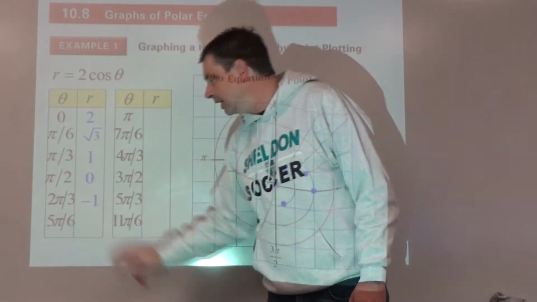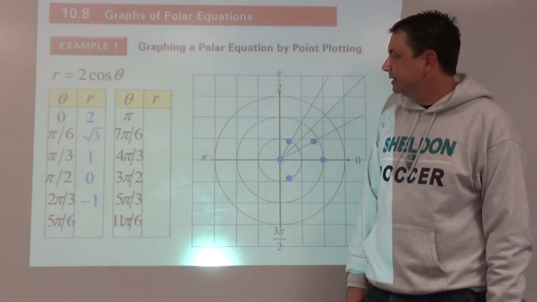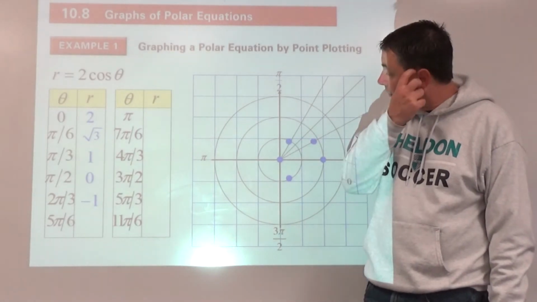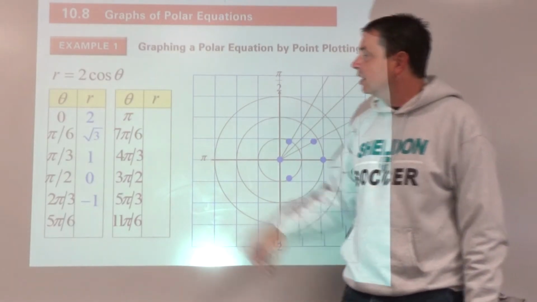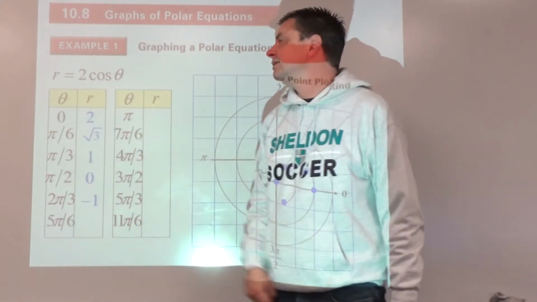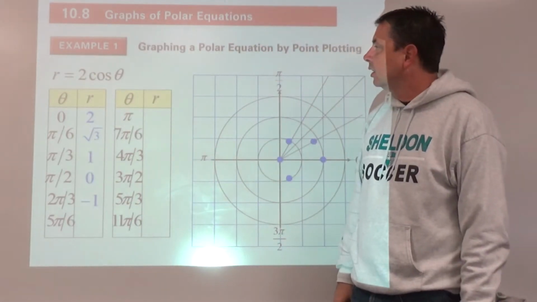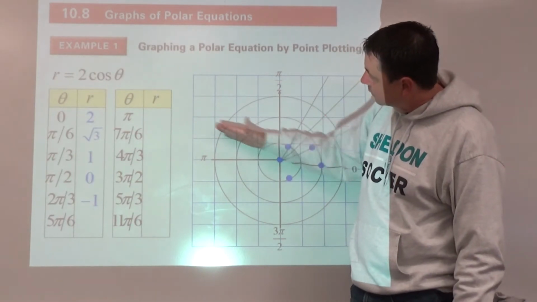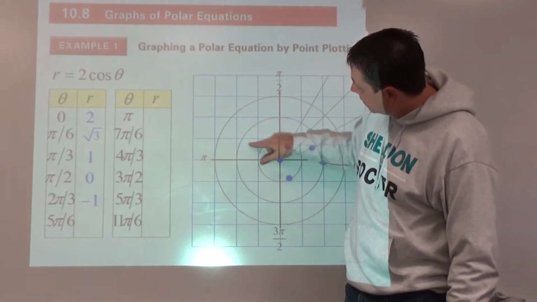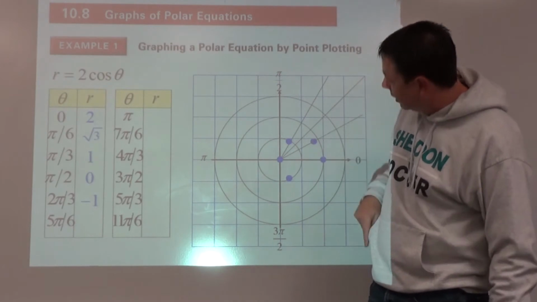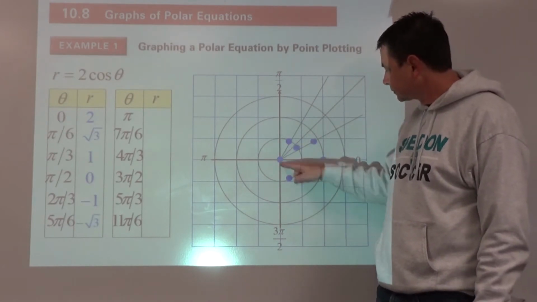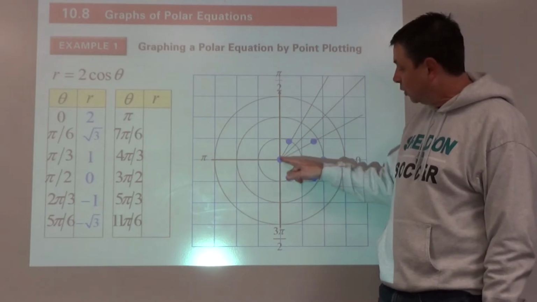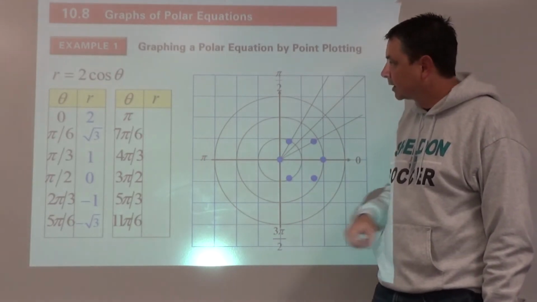Cosine of 5 pi over 6 is negative the square root of 3 over 2, multiplied by 2 is negative square root of 3. So here is about 5 pi over 6. Not going that way, going the other way, this way, about 1.7 away from the origin.